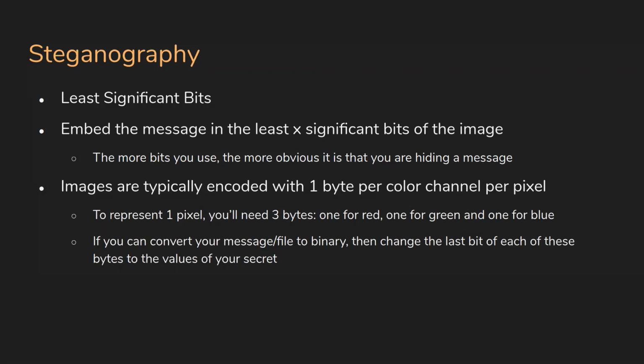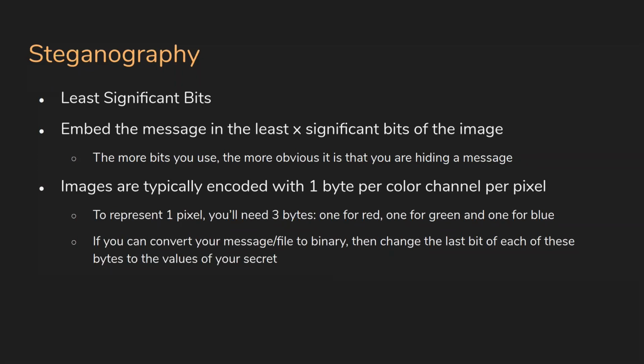Usually people use just the one lowest significant bit. Images are typically encoded with one byte per color channel per pixel. A pixel has three color channels, RGB, and sometimes alpha for transparency, but for this example, don't worry about that.